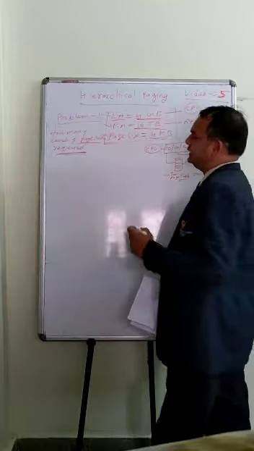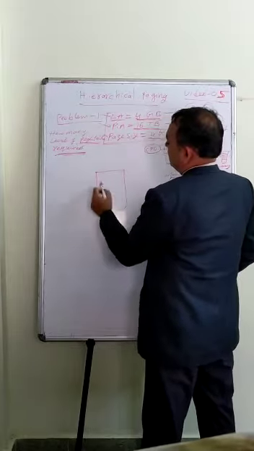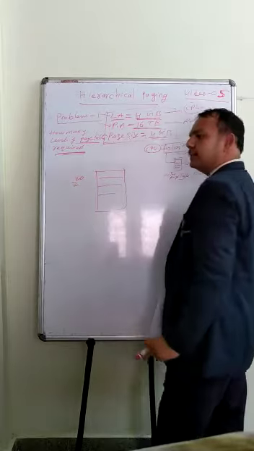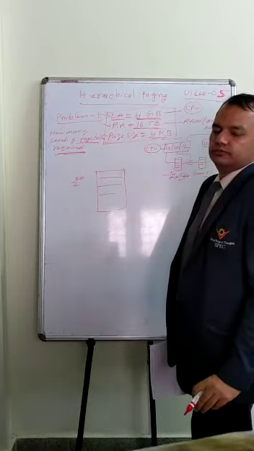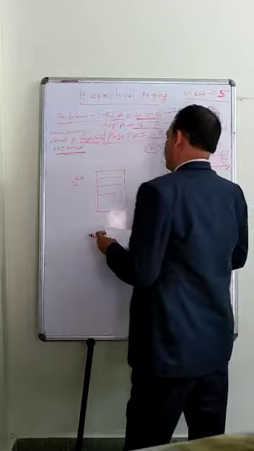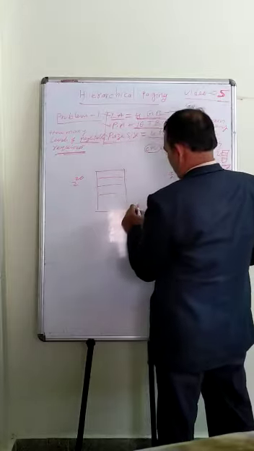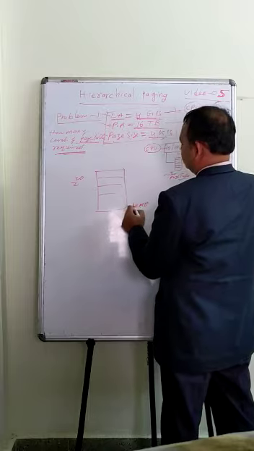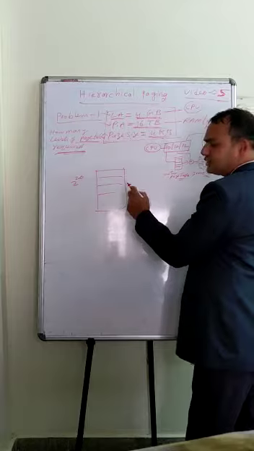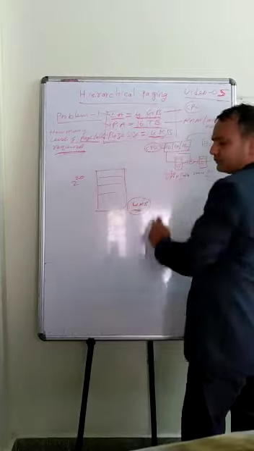Just now we have seen a page table. Entries are 2 power 20 and each entry needs 4 bytes, 32 bits, so its total size is 4 MB. 4 MB is very large, it cannot fit into a page size of 4 KB.